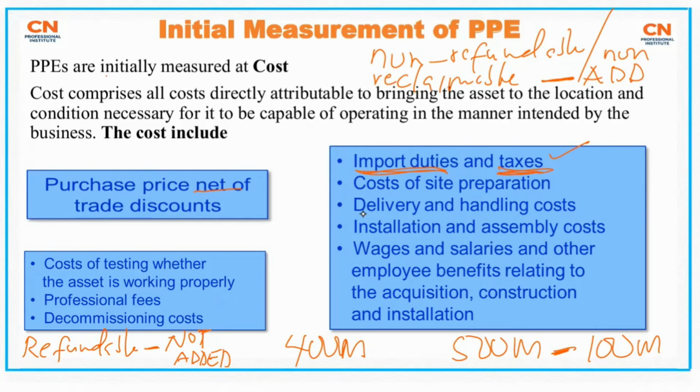Now, what do you mean by refundable taxes? Refundable ones are those that when you pay them, you are reimbursed by the revenue authority. So in Ghana here, we have the Ghana Revenue Authority. When you pay those taxes, you are refunded. The example is the VAT, the value added tax.